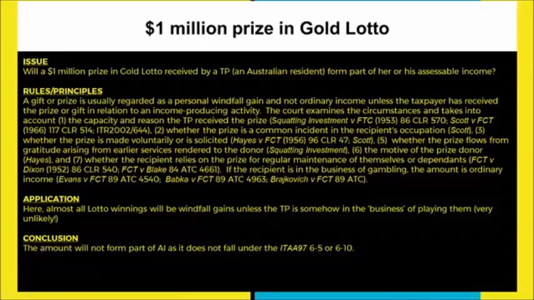However, there are people who are in the business of gambling, and I draw your attention to Mr. Evans and the FCT. They're the taxpayer. Was really good at gambling and made a stack load of money, and so the Commissioner there is trying to say, well, hey, you've made a whole bunch of money. These aren't windfall gains. You're in the business of doing that.